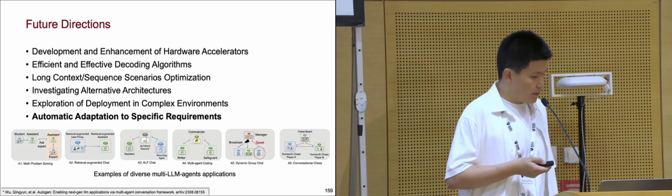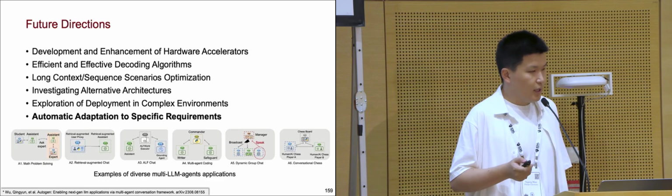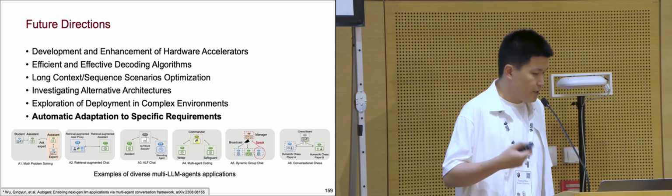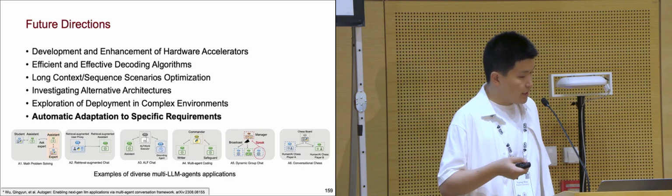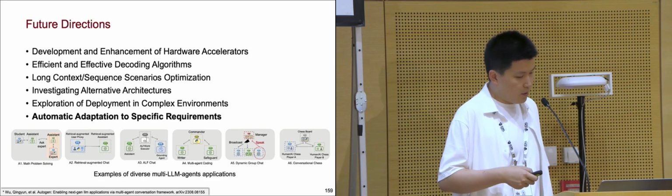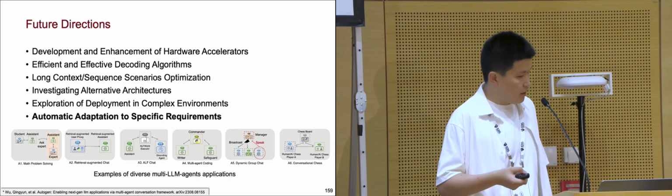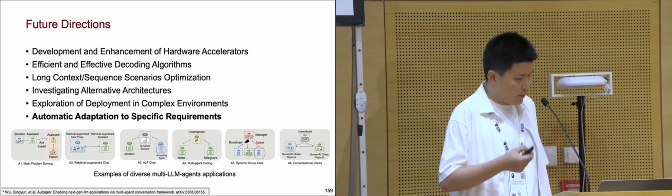And the last part is about the exploration of deployment in complex environments. For example, we have mentioned using preemptible instances or decentralized computing resources to run language models, which aims to provide lower cost and make language models more affordable for more and more people.